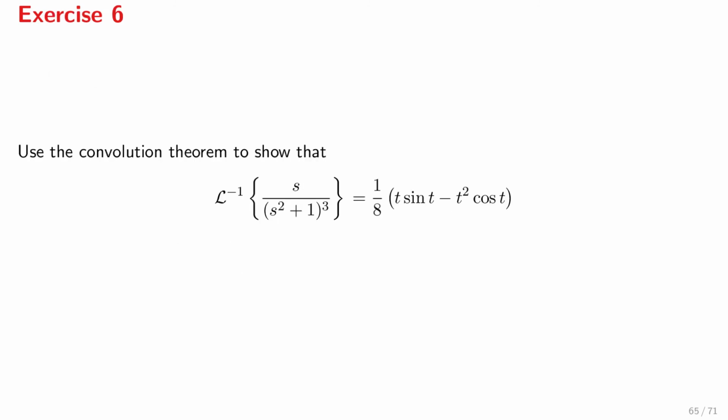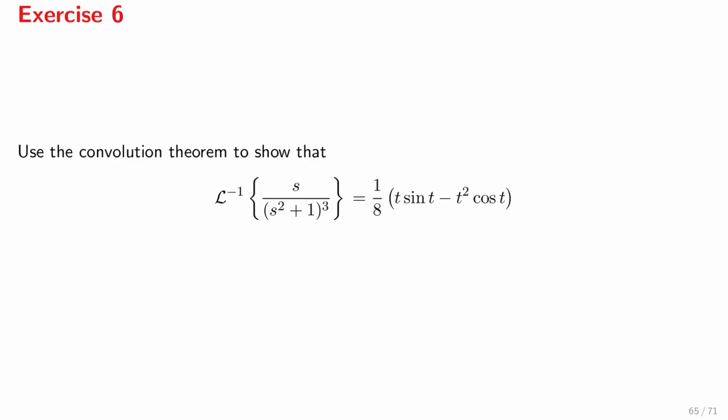Here's another example. So we can use the convolution theorem to find that the inverse Laplace transform of s over (s squared plus 1) cubed is given by that function. Now, clearly, this will be a convolution of 3 functions because we have (s squared plus 1) cubed.